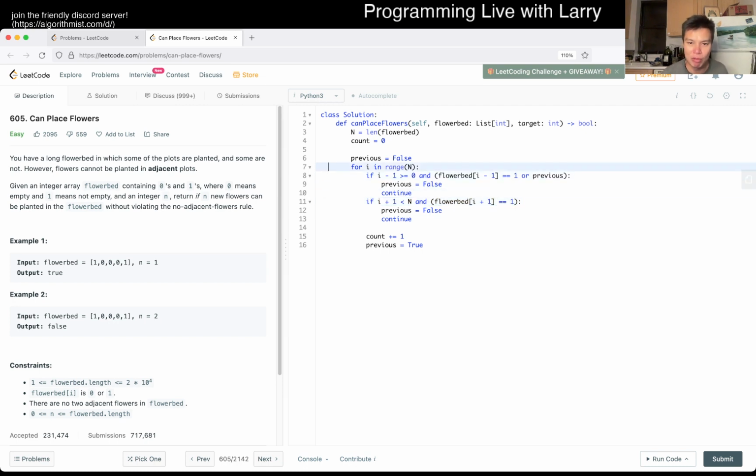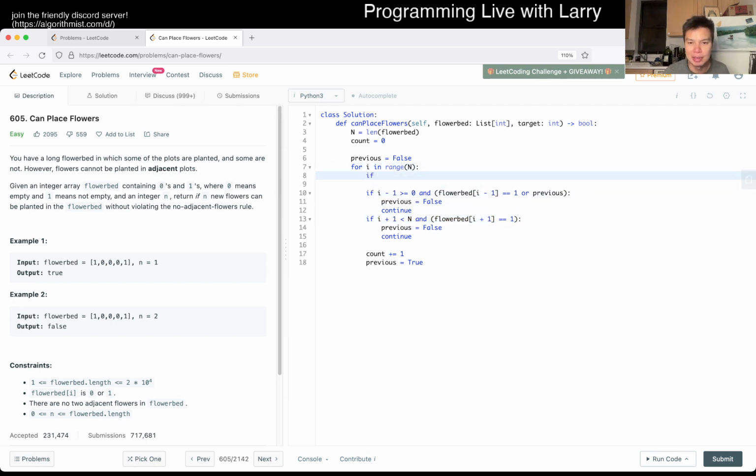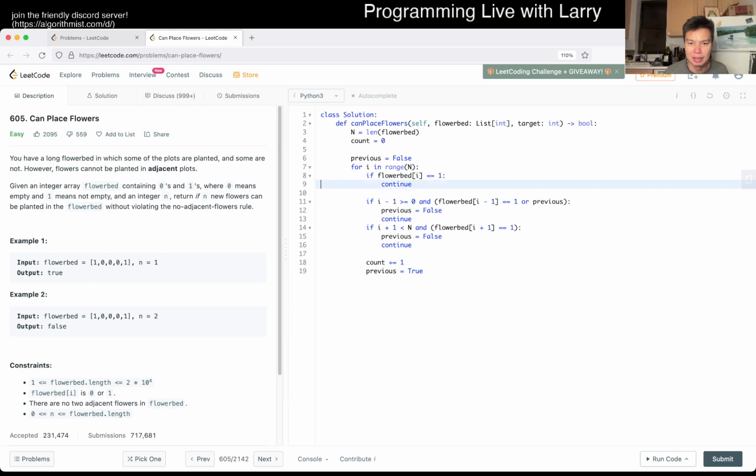And I think I forgot one case: if flower bed of i is equal to 1, then we just continue, because technically we set previous to false, but the i minus 1 for the next one is going to be 1 anyway. So is this sufficient? Am I right? And then just return count compared to the target.